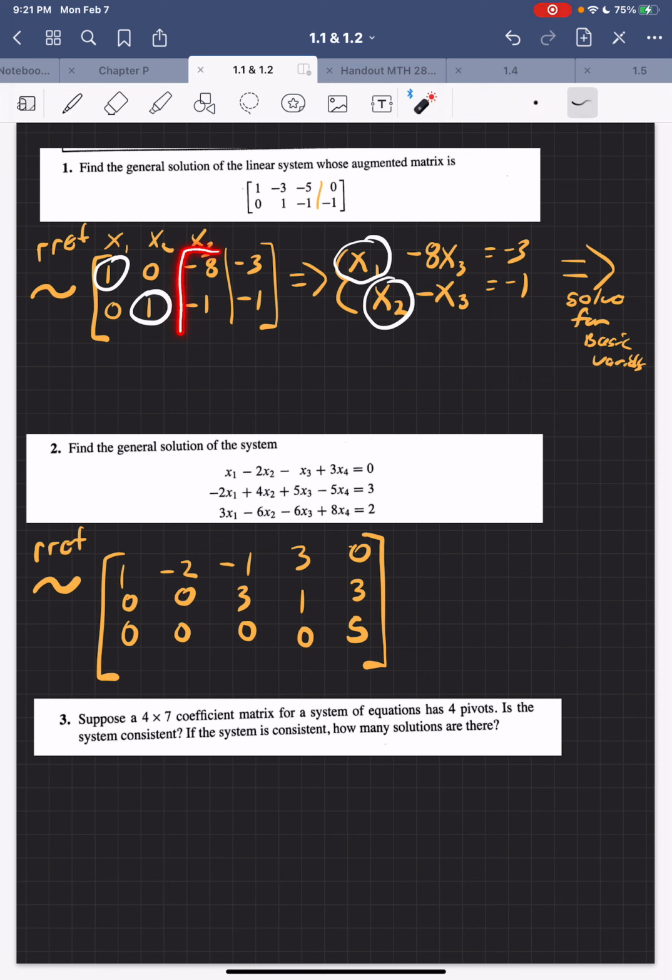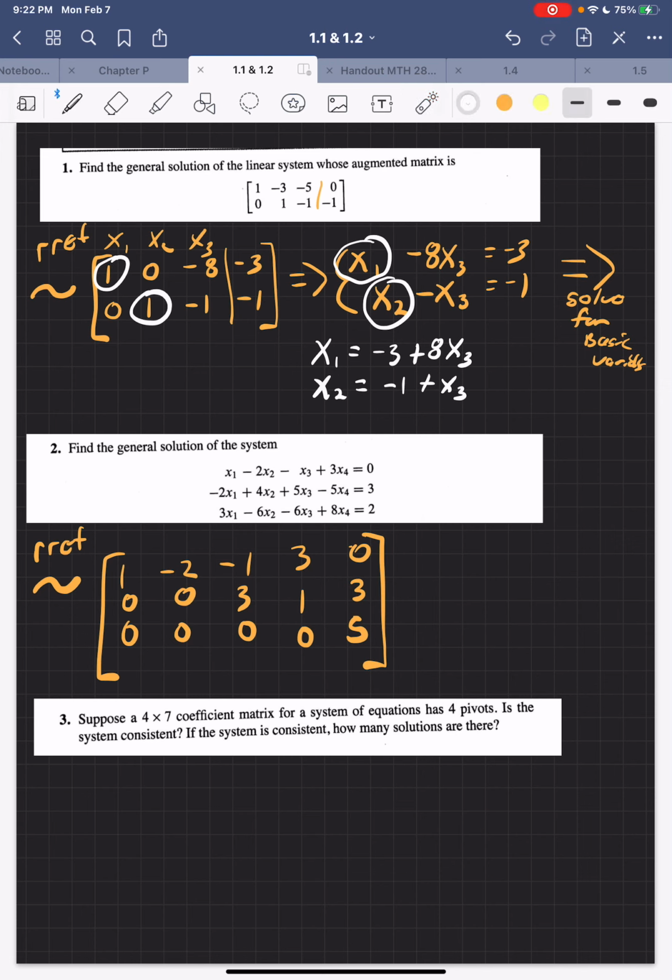X sub 3 is going to be a free variable. So let's solve for the basic variables. We end up with x sub 1 is equal to negative 3 plus 8 x sub 3. X sub 2 is equal to negative 1 plus x sub 3. So just solving for x sub 1, solving for x sub 2.